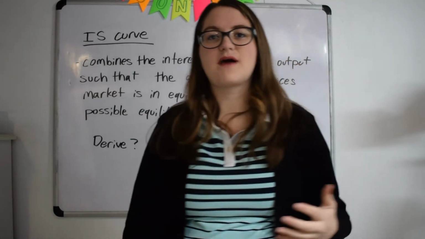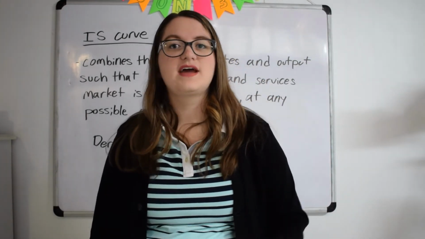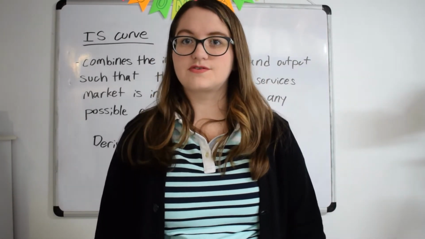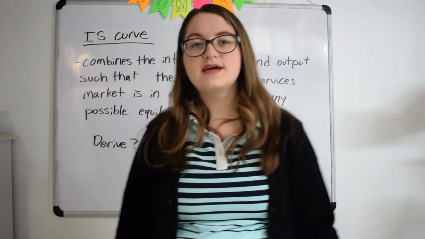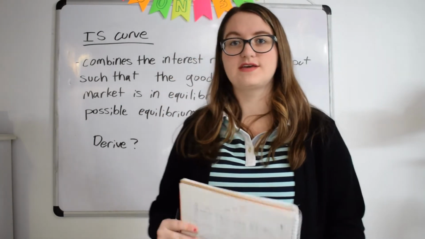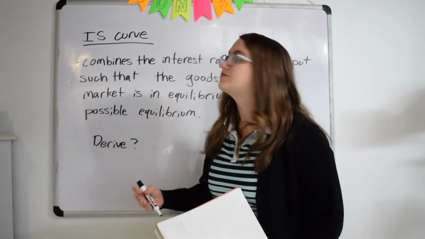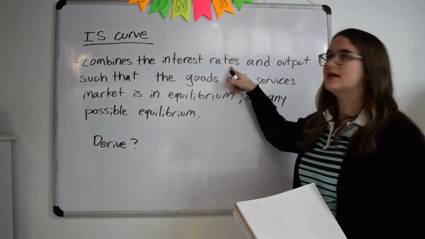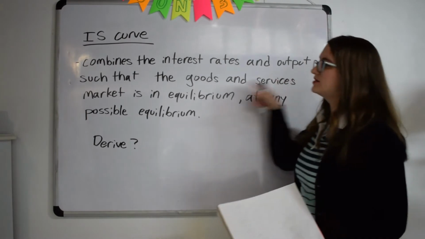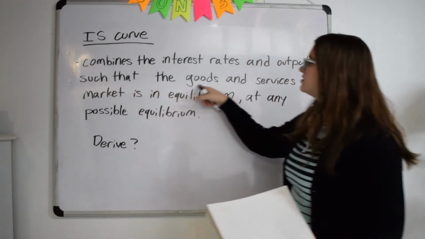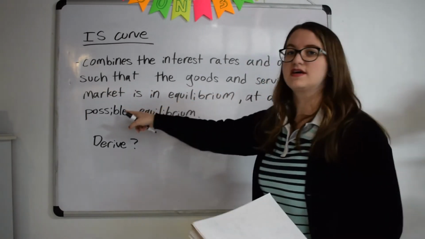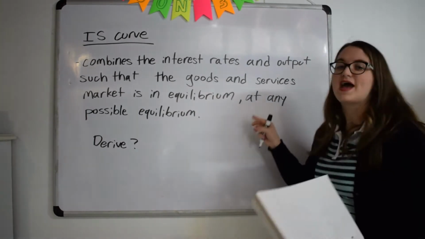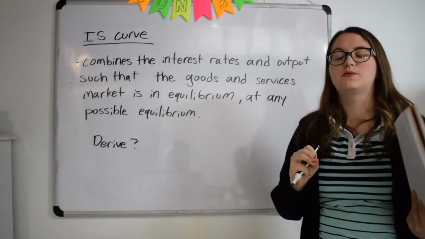And then the main topic we're going to be talking about today is the IS curve and how to derive it. So the IS curve is the investment and savings curve. The definition for this is the IS curve combines the interest rates and output such that the goods and services market is in equilibrium at any possible equilibrium.